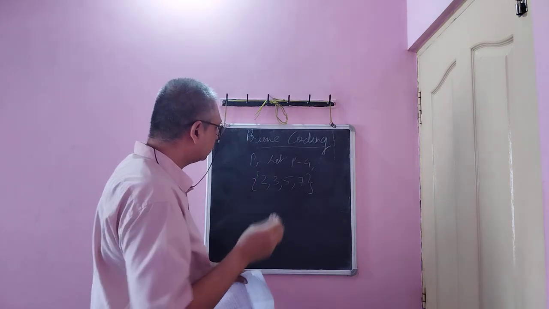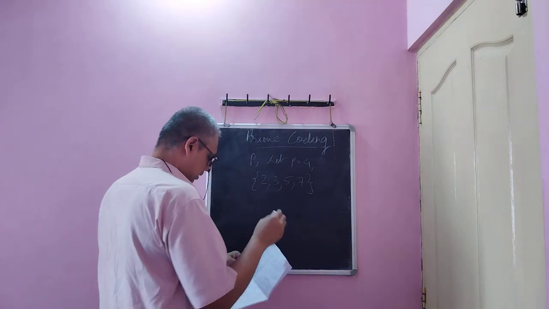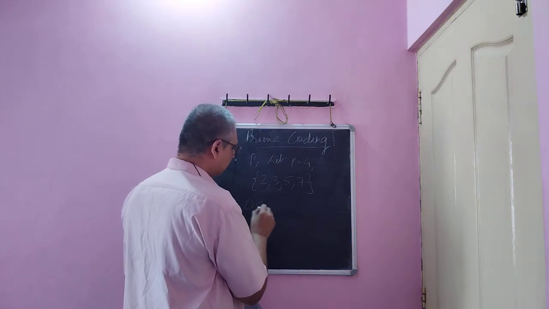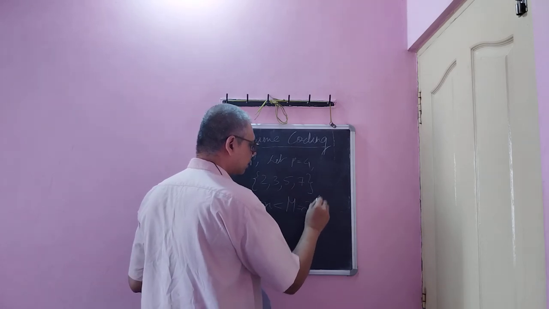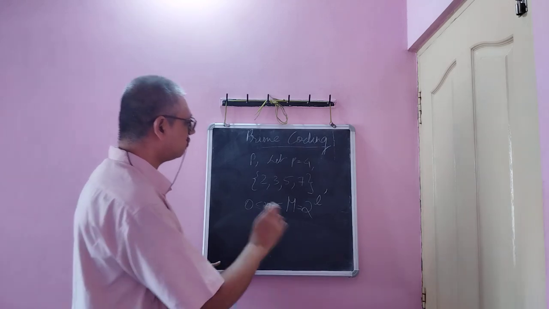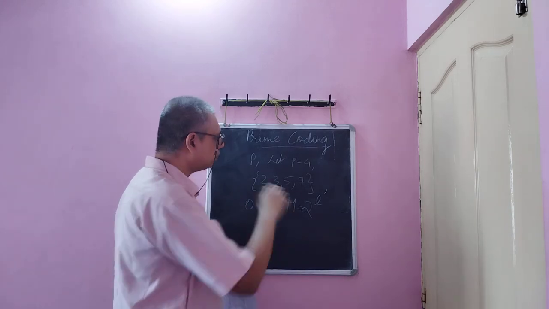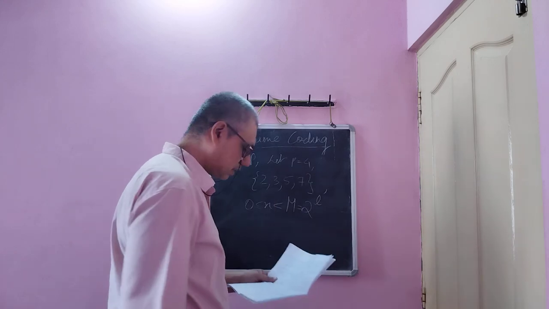We wish to code an information n, where 0 is less than or equal to n, less than or equal to 2 power L dash. I have taken the set of the leading first 4 primes. You can take the first p prime numbers, and p can be greater than 4 here. For the sake of illustration, I have taken this.